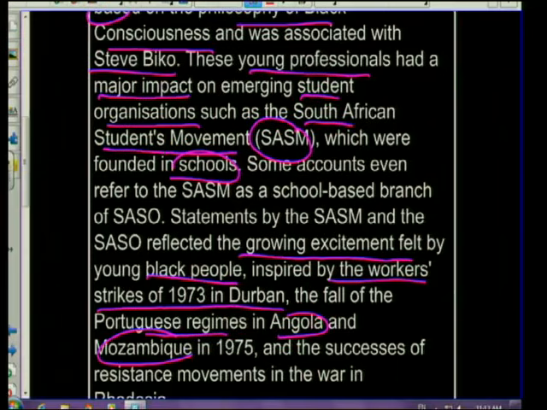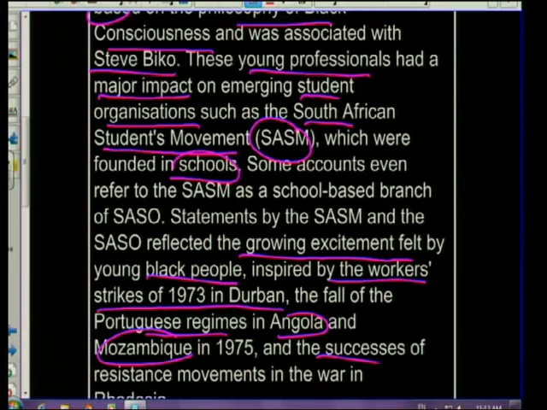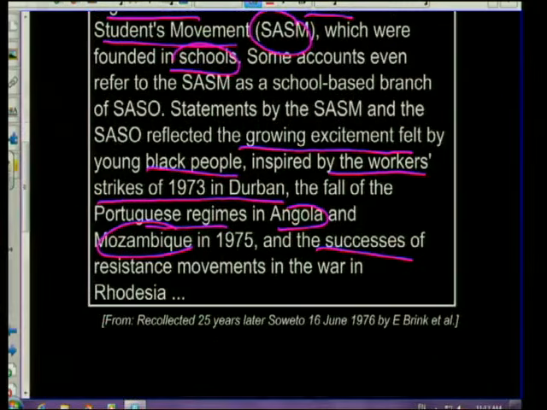The fall of the Portuguese regimes in Angola and Mozambique, the influence of other African states on the black people of South Africa, and the successes of resistant movements in the war in Rhodesia.